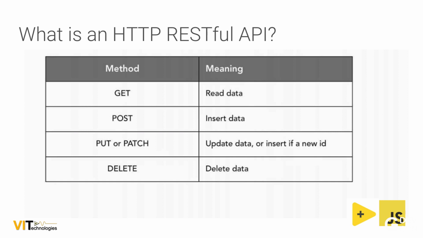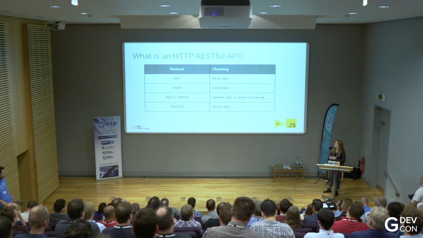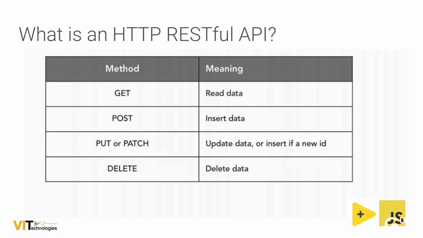So let's say you have an image hosted on a server. You can get the image and it'll read the data. You can post another image and it'll insert data there. You can put an image and it'll replace the image that they already have. And you can delete and it'll delete the image. You might have protections on your server that don't let them delete the image, but those are the types of interactions that are allowed in an HTTP RESTful API.